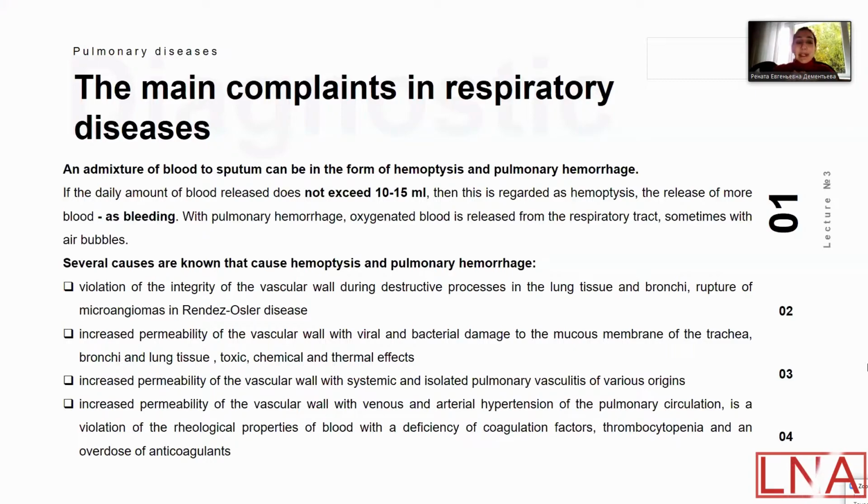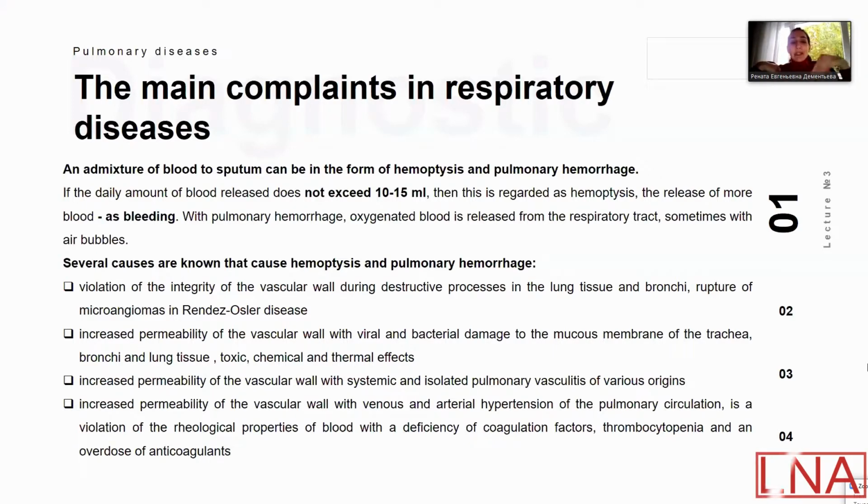Increased permeability of the vascular wall with viral and bacterial damage to the mucous membrane of the trachea, bronchi, and lung tissue, and with toxic, chemical, and thermal effects.